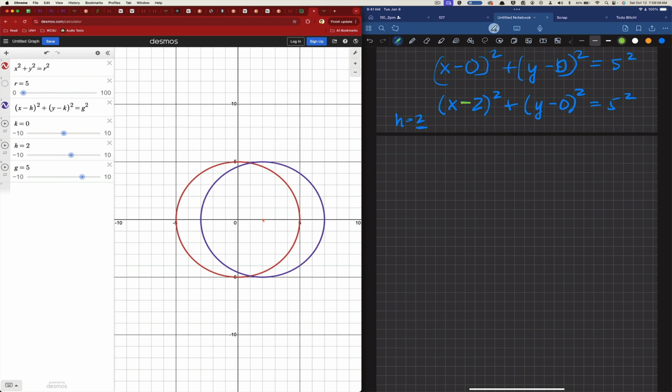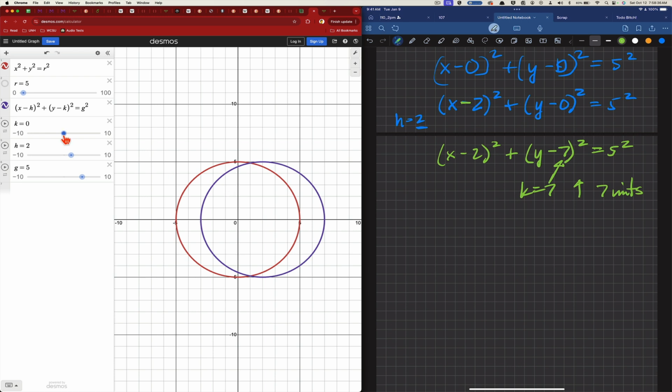So, in addition to that, I can shift vertically by changing the value for k. X minus 2, I'll leave alone, plus y minus 7, which means I'm going to shift it up 7 units. Why? Because k is equal to 7. Oops, k is equal to 7, which is in the positive y direction, so that's up 7 units.